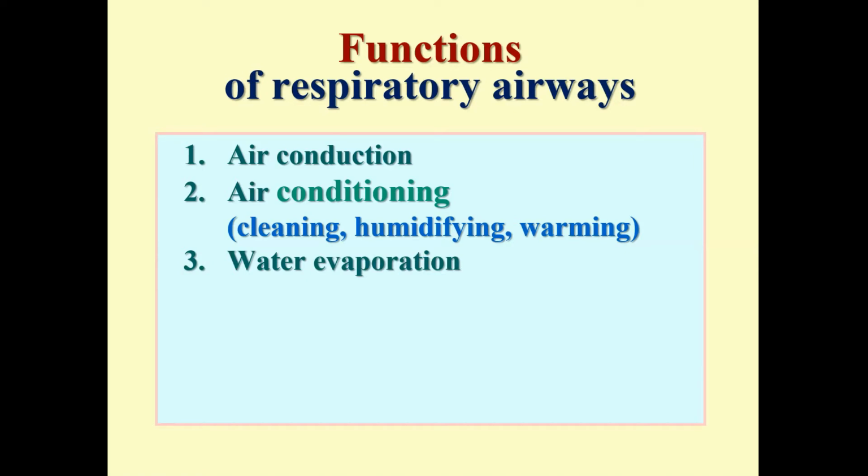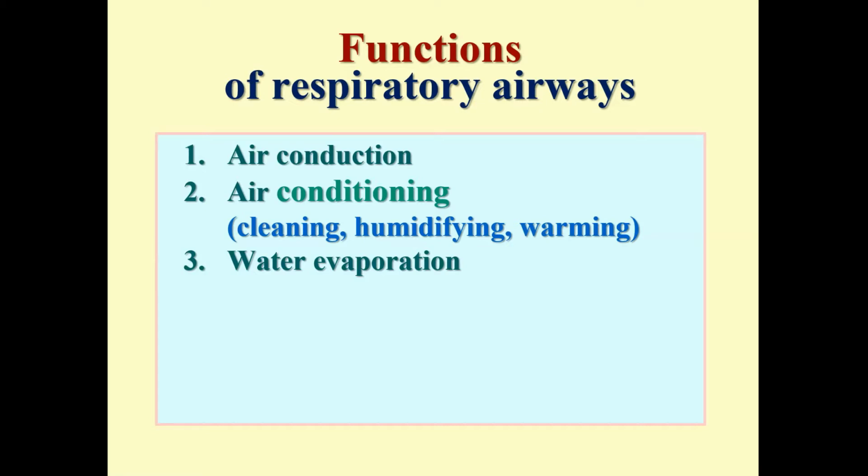Then, water evaporation. According to the previous function, air conditioning, which includes humidifying, for humidifying of the air, a certain amount of water should make water vapor to saturate the air until full humidity, 100% of humidity. And so water is evaporated from the surface of the respiratory airway mucosa.